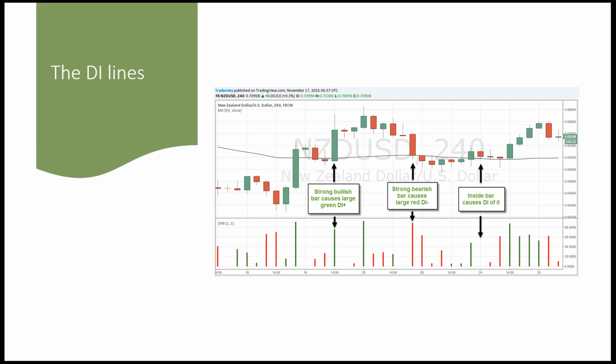Over here we see a DI line that's negative. Here we see a strong bearish DI line. Remember, the DI lines are only the comparison between the high and the low of, in this case, one time frame. So there's a DMI +1 or -1.